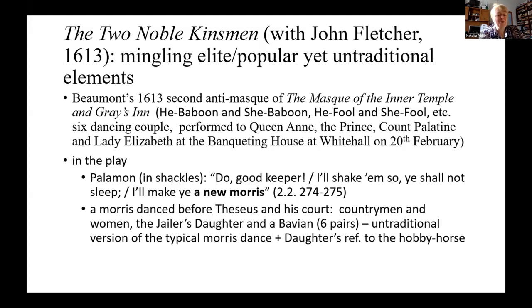And instead of a hobby horse, we have a bavian, which goes back to Beaumont's masque. So it is untraditional, but it is traditional in the way that it again combines popular and elite cultures, because it is performed in front of the royal audience. And the daughter even refers to the hobby horse later on. Next slide, please.